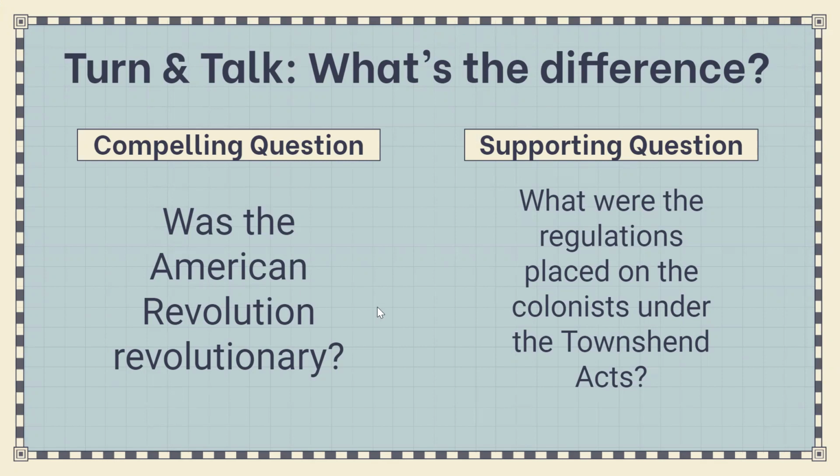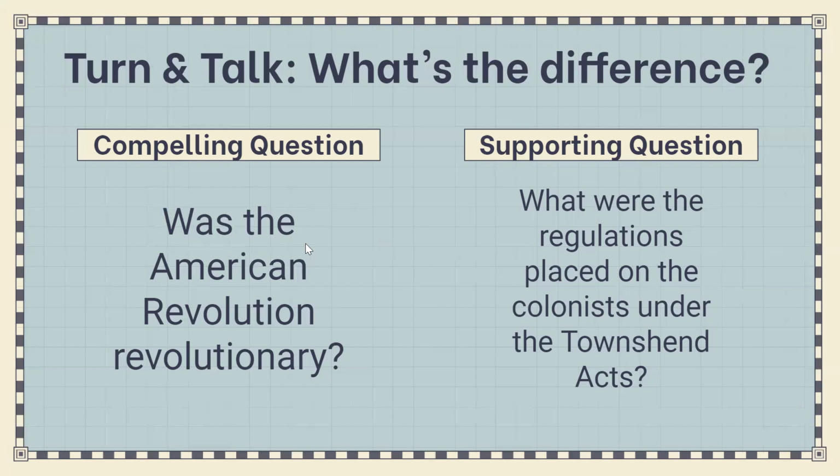The compelling question is debatable. There are very good arguments that the revolution was revolutionary and very good arguments that it was not revolutionary. So students can take a position on that question as long as they are supporting it with evidence. So it's an evidence-based argument. Our goal is always to make these questions intellectually rigorous.